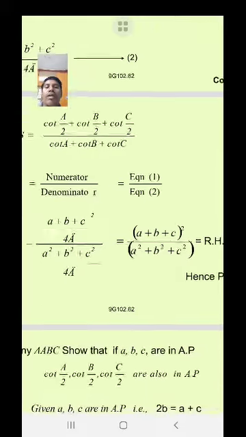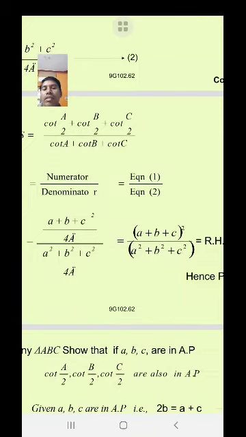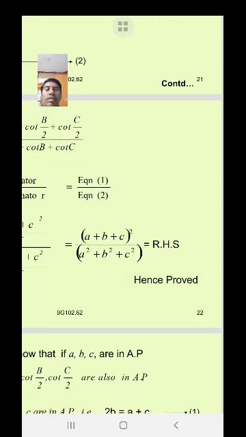So 4Δ cancelled, and the remaining term is (a + b + c)² by (a² + b² + c²). This is the RHS, hence we proved.